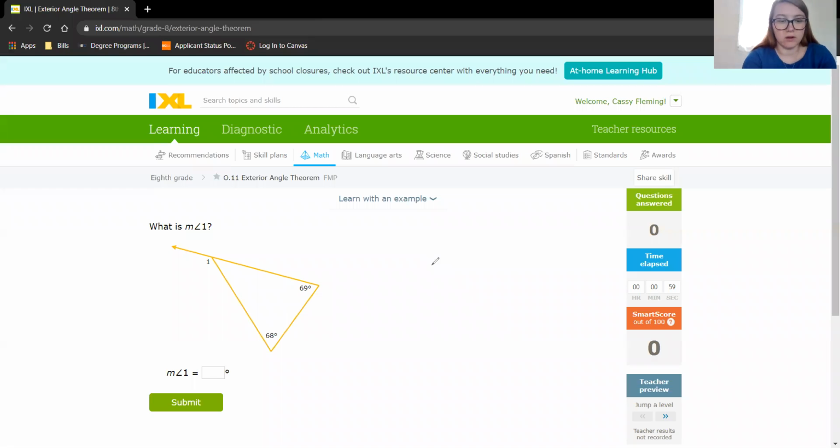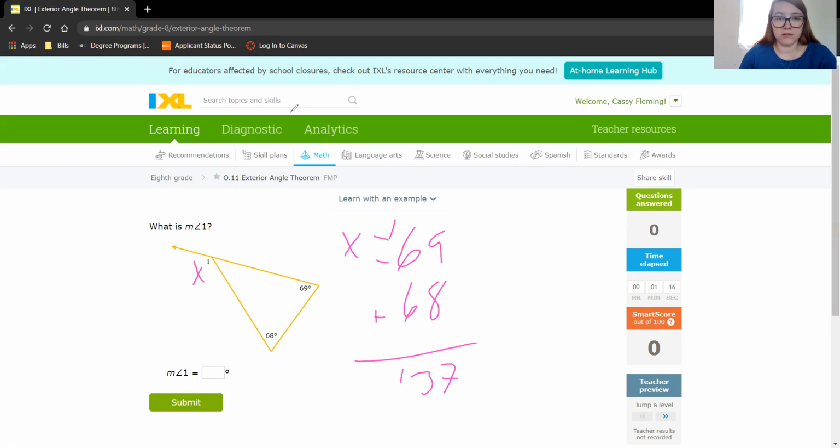We're going to call measure of angle 1 x. So x is equal to 69 plus 68. I wrote it this way just so I don't have to write it multiple times. 9 plus 8 is 17. 6 plus 6 is 12, plus 1 is 13. So the measure of angle 1, or as I called it, x, should be 137.